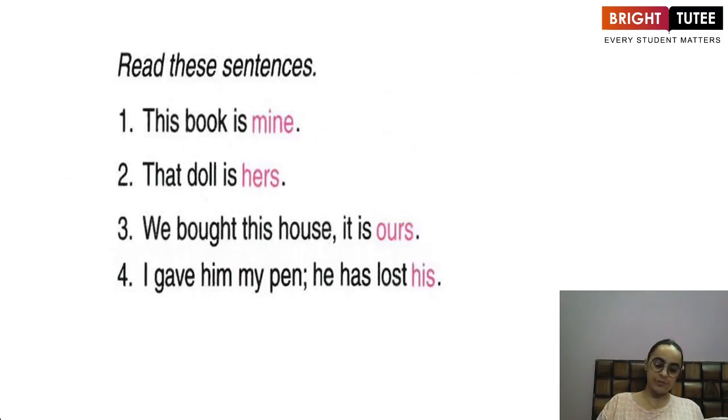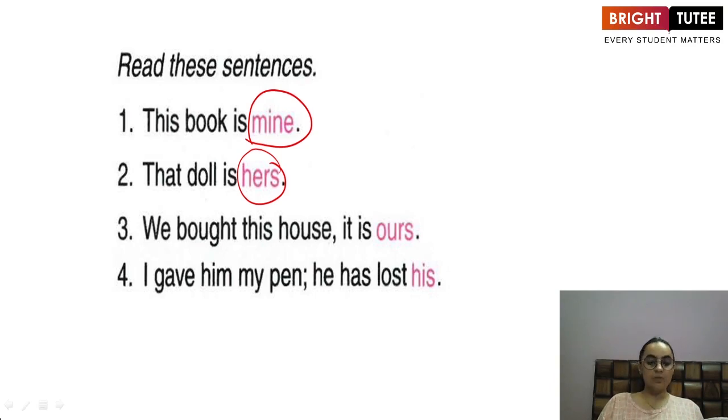For example, this book is mine. Here, mine is a possessive pronoun because the sentence shows that the book belongs to me. So that is my possession. That doll is hers. Hers is a possessive pronoun.